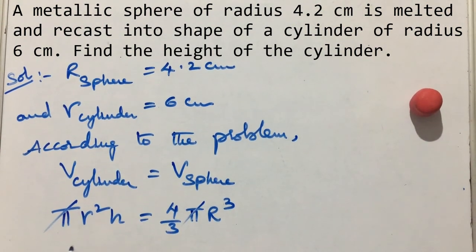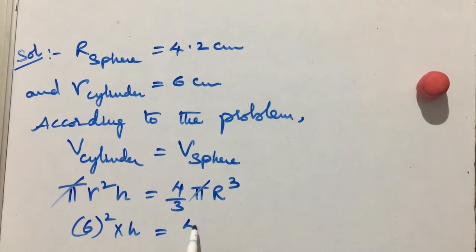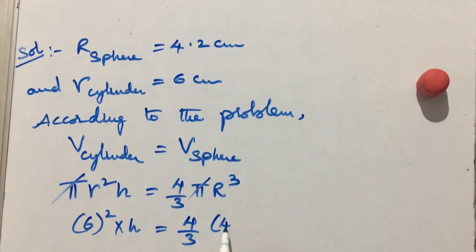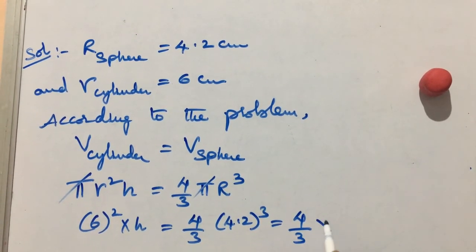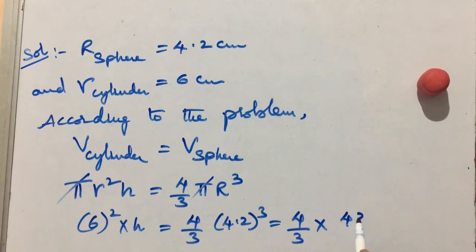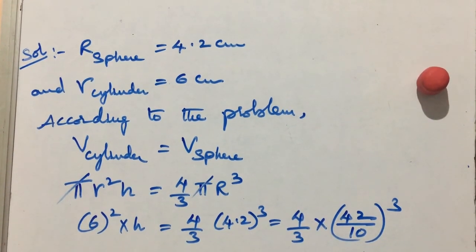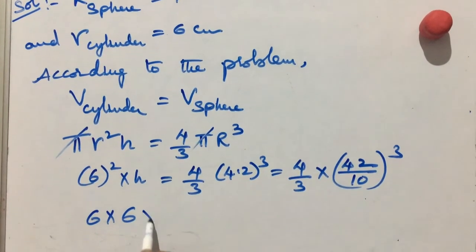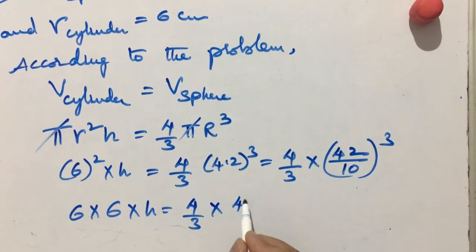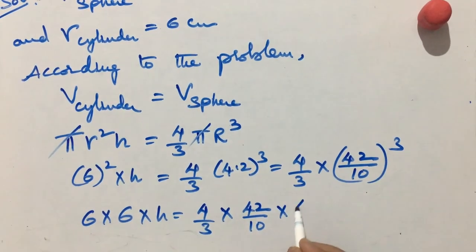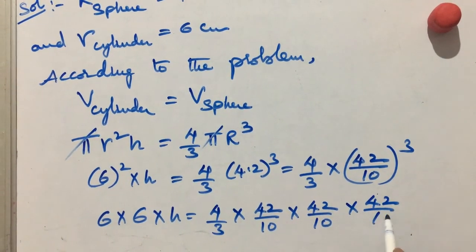Pi gets cancelled. This is 6 square into h is equal to 4 by 3 into 4.2 whole cube. This can be written as 4 by 3 into 42 by 10 whole cube. So 6 into 6 into h is equal to 4 by 3 into 42 by 10 into 42 by 10 into 42 by 10.